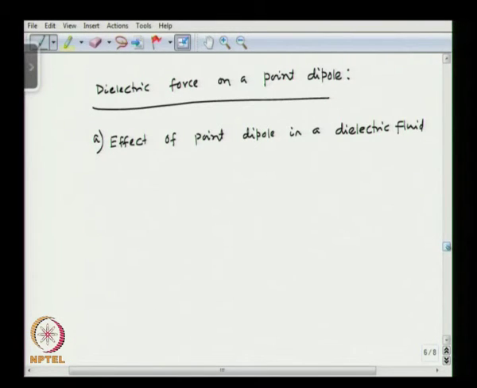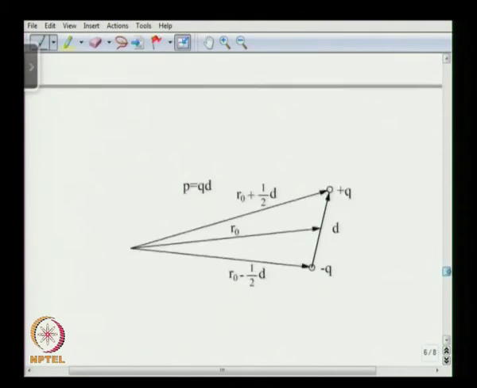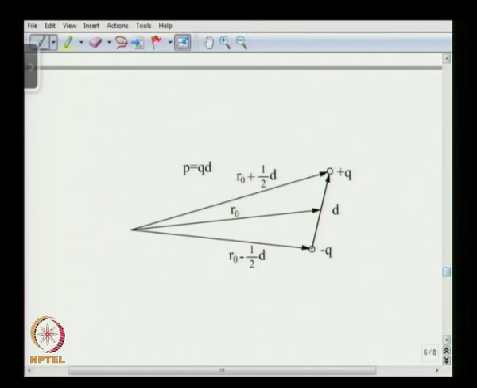This is the image where we see a point dipole, plus q and minus q, positive charge and negative charge, separated by a distance d. So it constitutes a point dipole.